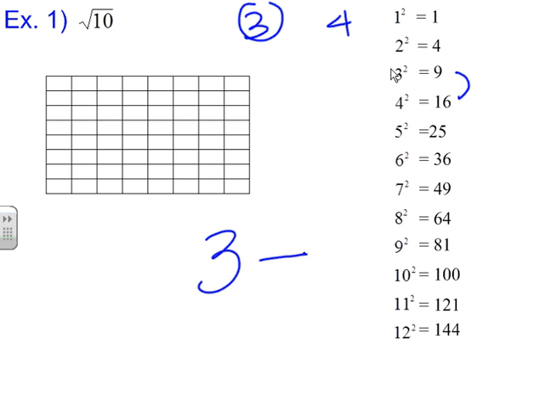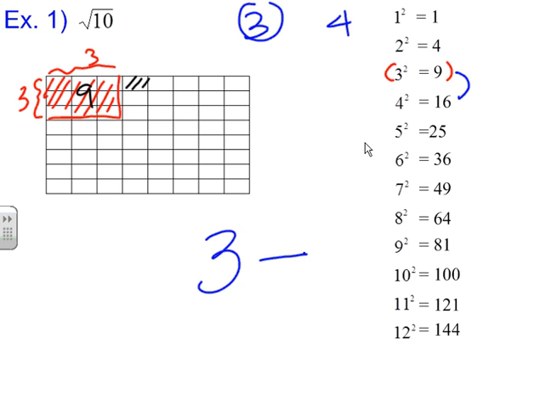So 3, we see, is 9 squares almost, right? We know that if we take 3 squares and 3 squares, a 3 by 3, we will get 9 squares filled in here. But the next one, we need one more though, don't we? We need to get 10.